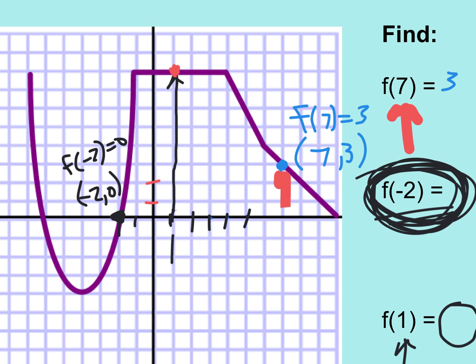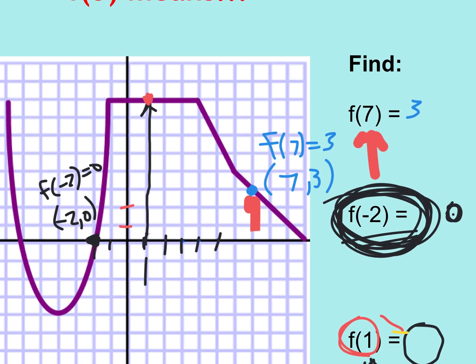So Henry Kist, what is this point? F of 1 is what? That spot right there, Henry, is 1 comma what?